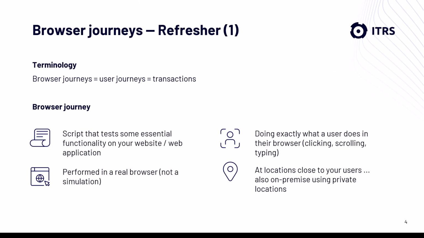So let's talk about browser journeys, also sometimes called user journeys, or as we traditionally call them in the Uptrends product, transactions. A browser journey is a script, a series of steps that tests some sort of important sequence, a click path, if you will, on your site or web application.